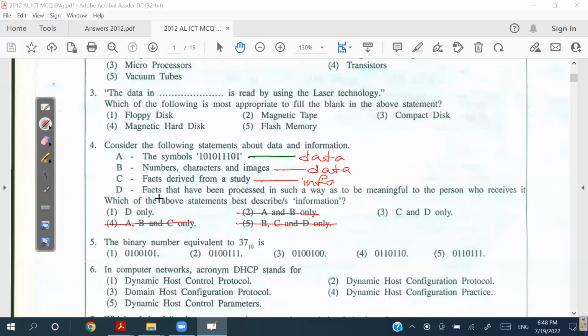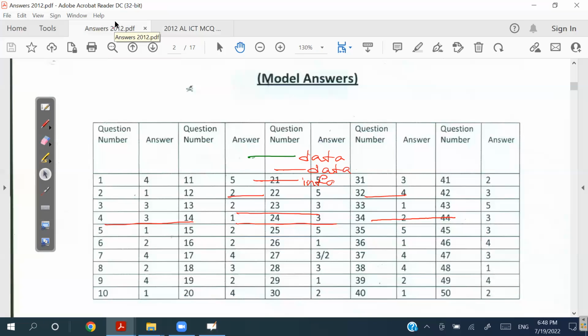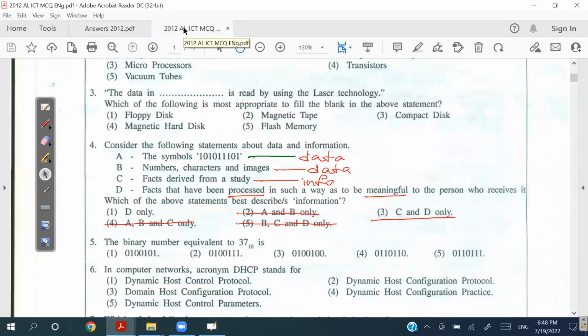That means some facts have been processed in a way to be meaningful, no? So again, it is given as an information. So something is being processed to have a meaning. So definitely the answer is going to be C and D only. Third one. Is it the third one? For the fourth? Yeah, third one is the answer.